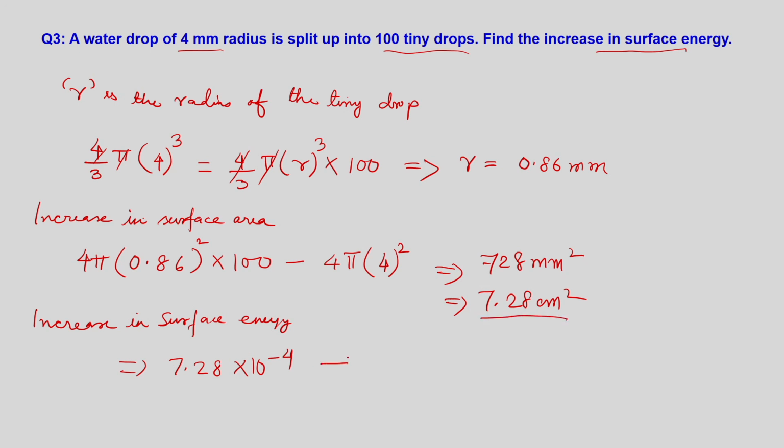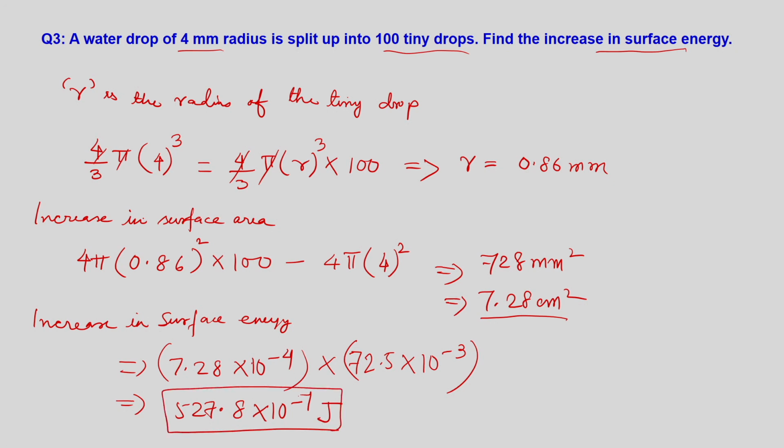This is the difference in area, delta A. Then what you do is you multiply it with the surface tension of pure water. So, what is the surface tension of pure water? Surface tension of pure water is 72.8 millinewton per meter. This is nothing but 527.8 into 10 to the power of minus 7 joule.